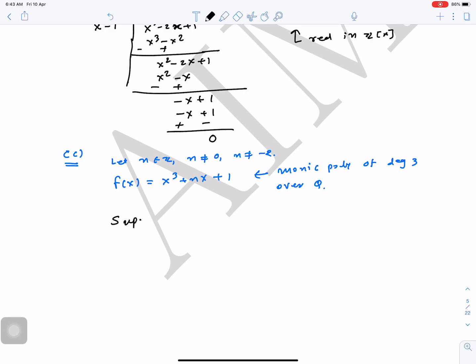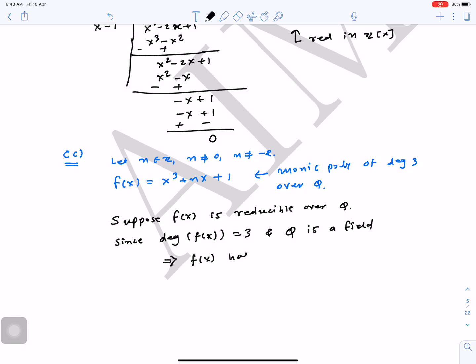Now suppose f(x) is reducible over Q. Since degree of f(x) is 3 and Q is a field, f(x) has a zero, say alpha, in Q. We know that if a polynomial has degree 2 or 3 and is over a field F, then it is reducible if and only if it has a zero.